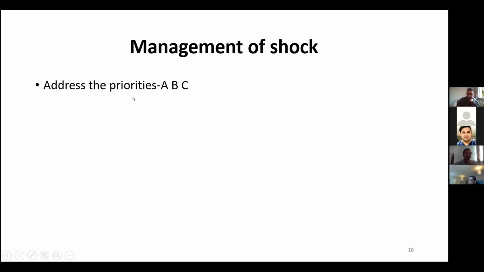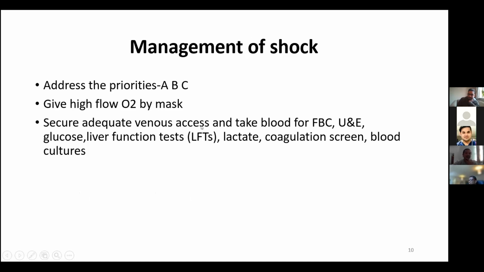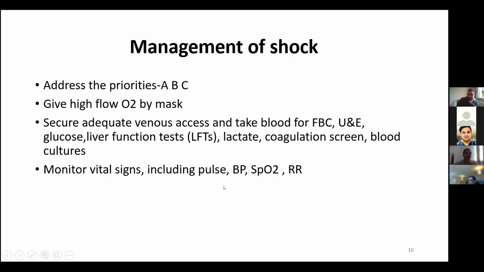We always go for ABCD. ABCD is the priority. We initially start by giving O2 via mask, and we have to get venous access and take the required blood tests for investigation. We have to hook the patient to the cardiac monitor to monitor vital signs, including pulse, BP, saturation and respiratory rate.